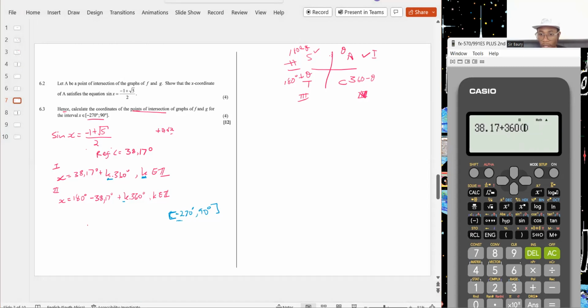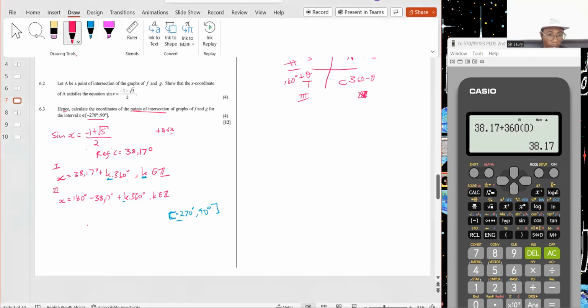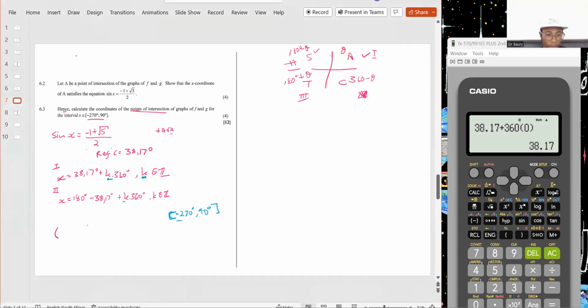Let me say k equals 0. 0 gives me this value, so I already have a coordinate: 38.17. This is within the interval. To get the corresponding y value, remember the equation of f or g.